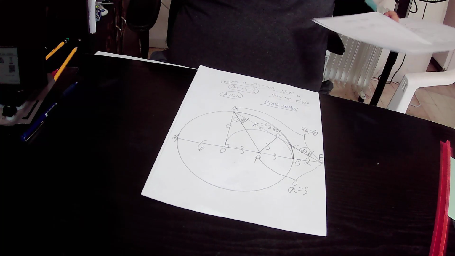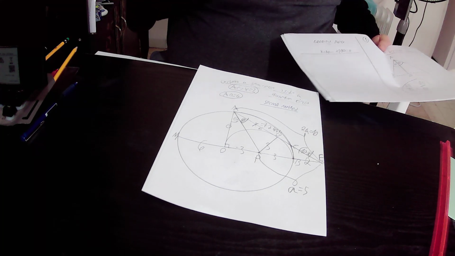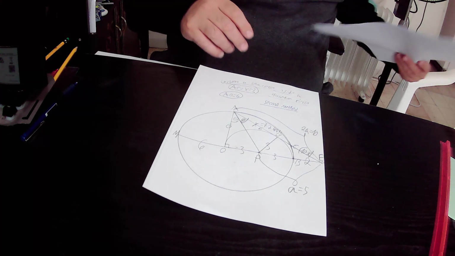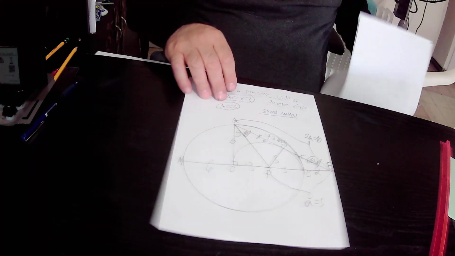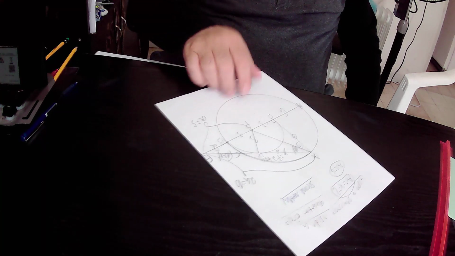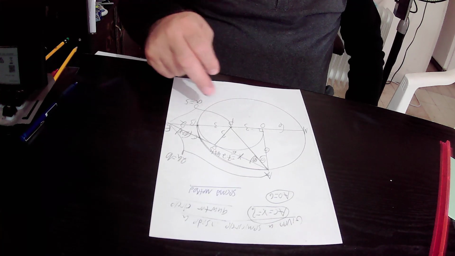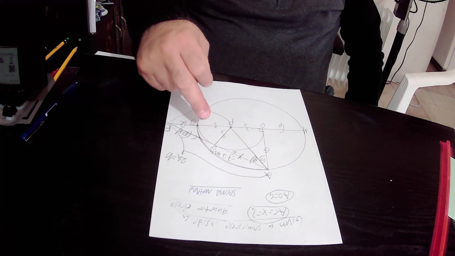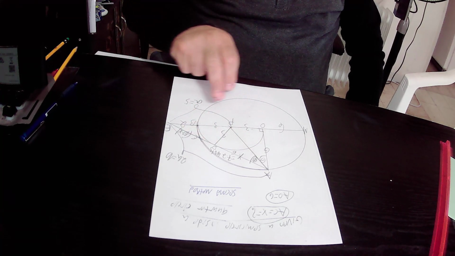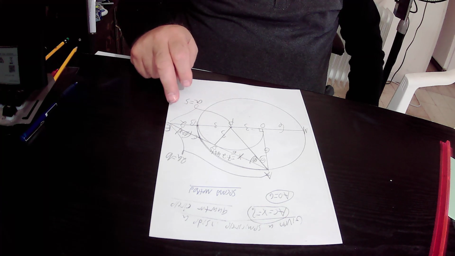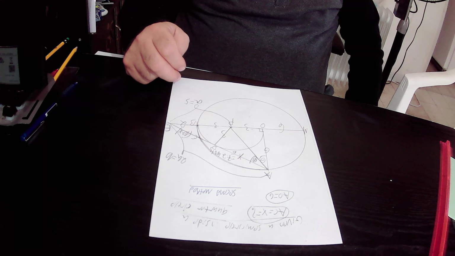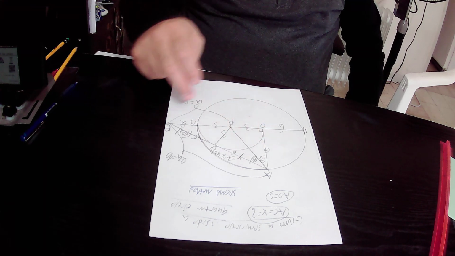Before that, we extended line segment AC by a straight line, and we also extended line segment OB by a straight line until they intersect at point E. In this way we created the right triangle AEO.